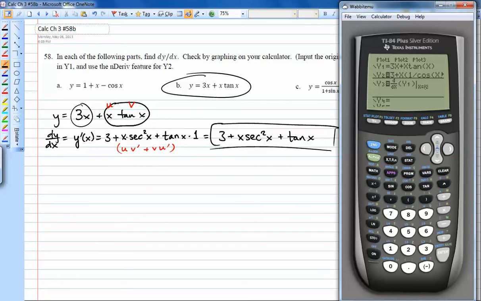And now it's asking, you want to figure out the derivative of y1 when x is what? If I want to pick a specific value, then I'd say like 8.